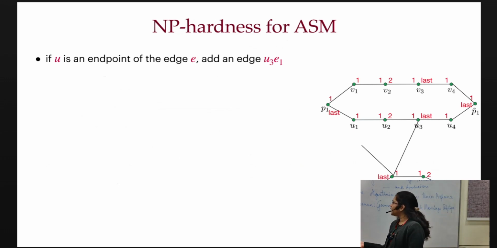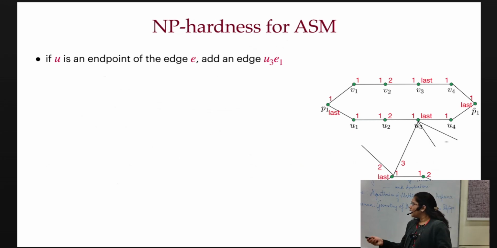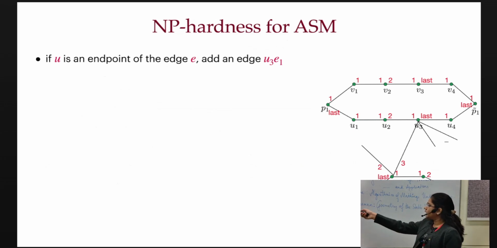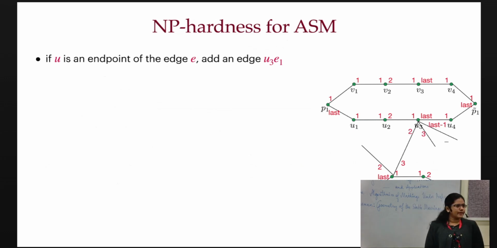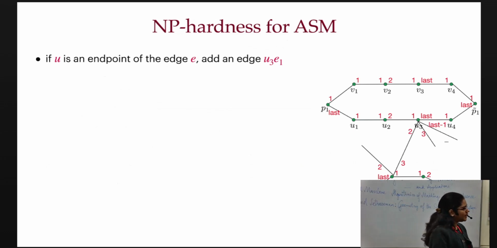Now for this E1, U3 has a lot of edges. So E1 can rank these two neighbors in any order. I just pick something, 2, 3. It does not matter. And similarly, U3 can order its edge neighbors in any order. Is the construction clear? That's the construction. We are done with the construction.